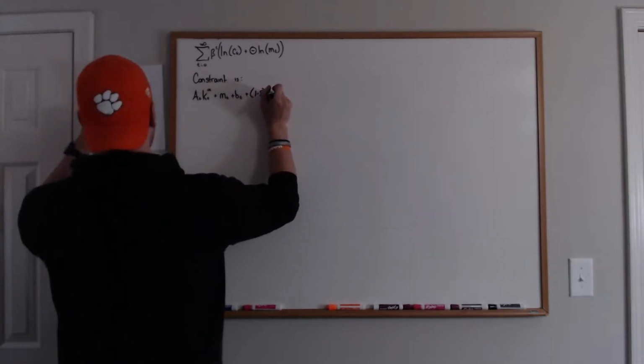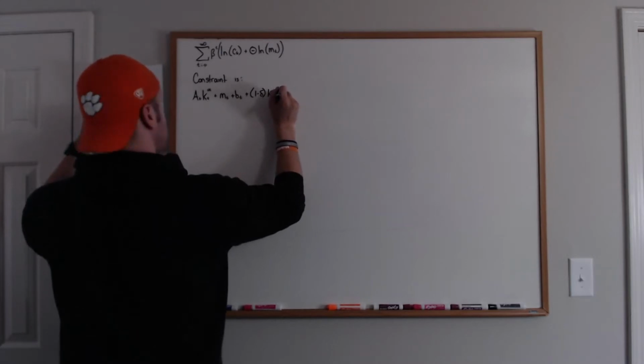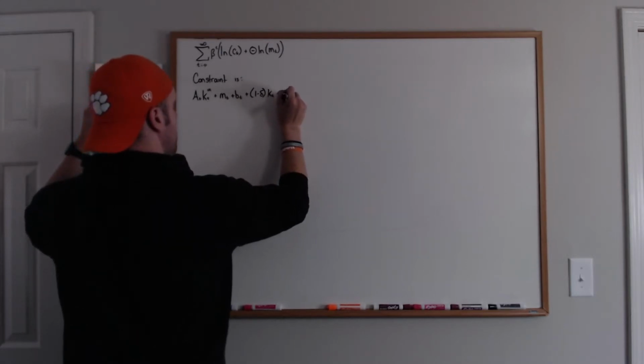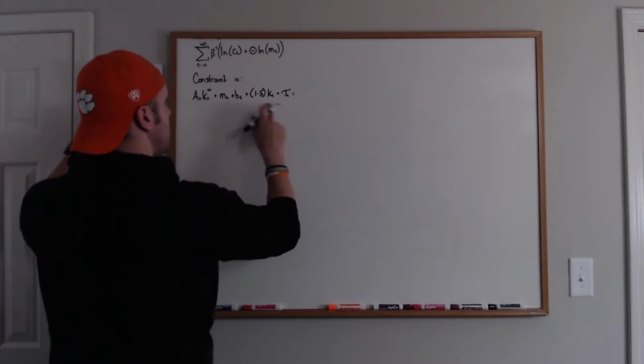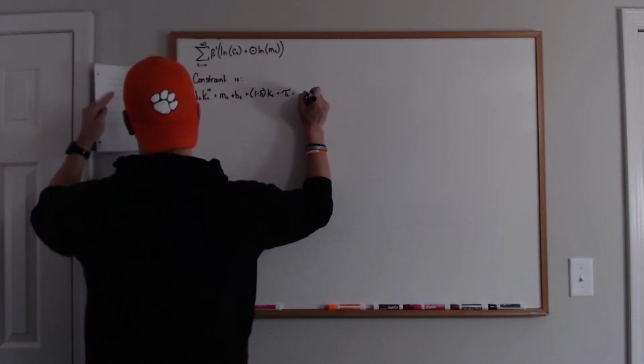Remember, on this side, we have the source of funds. All right, so this whole side of the constraint is the source of funds. This side is the use of funds.